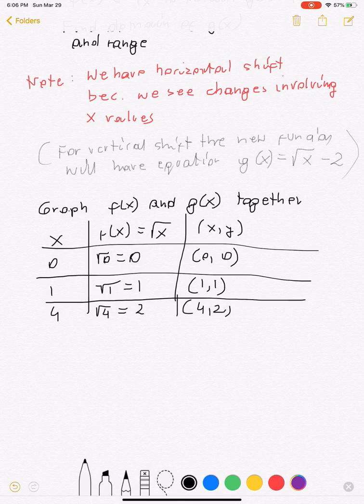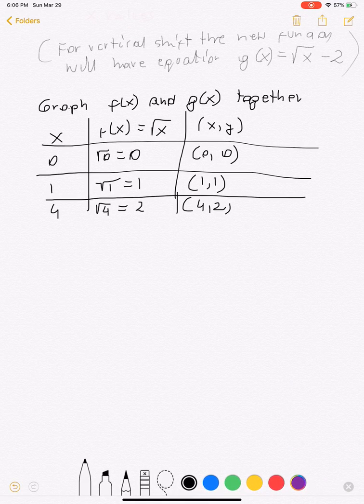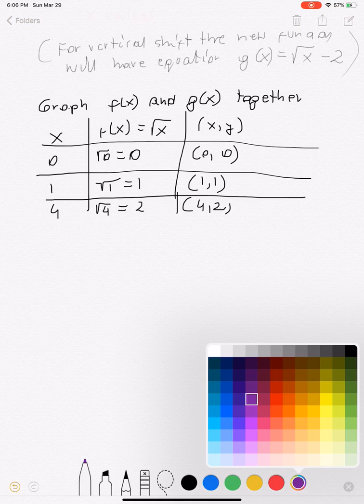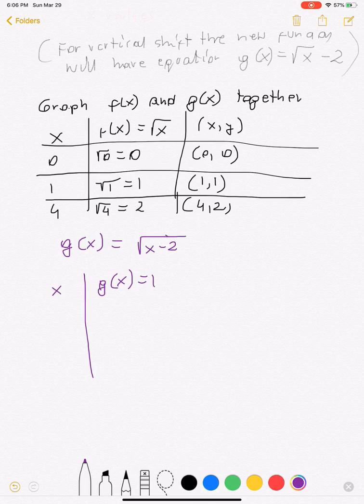Okay. Now let's talk about g of x. Let's graph it. Let's find the points, for square root of x minus 2. So x, g of x, which is equal to square root of x minus 2, and we need points x, comma y.